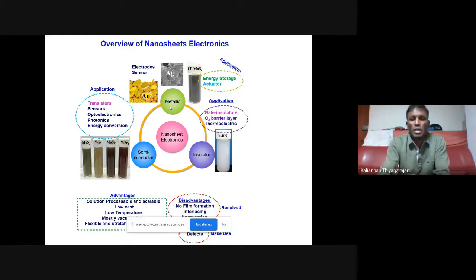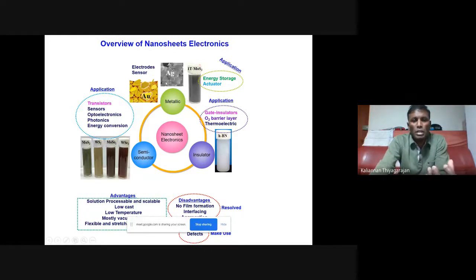This nanosheet field has opened up now. More than 50 types of nanosheets are available, so a variety of applications are possible. Now people used copper, gold, silver as stretchable electrode materials.